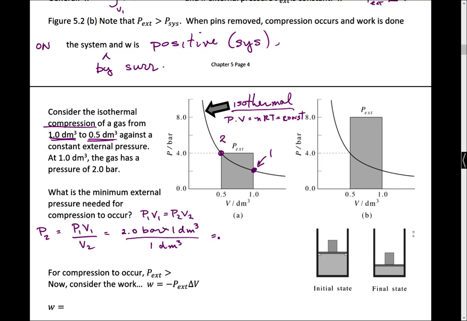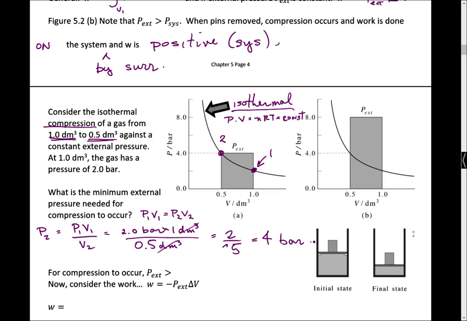And that becomes 2 over 0.5, and that's going to equal 4. All right. And if we see our units cancel appropriately, it's going to be 4 bar. All right. Which is nicely consistent with what we see in our figure.